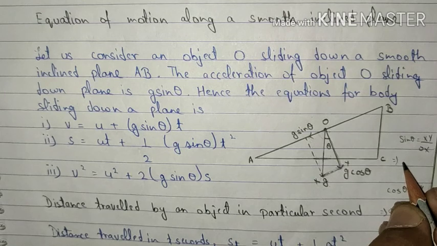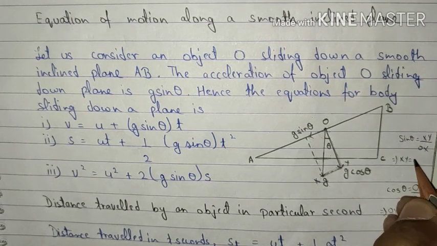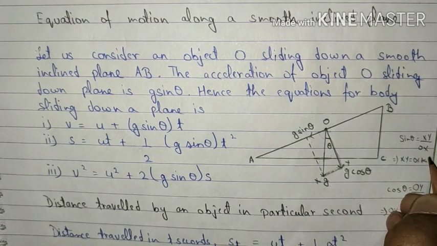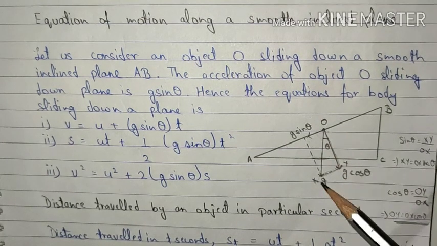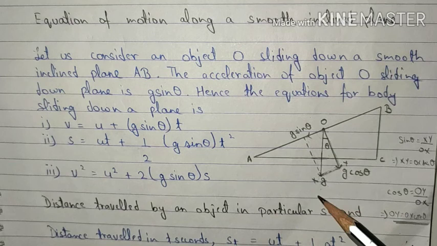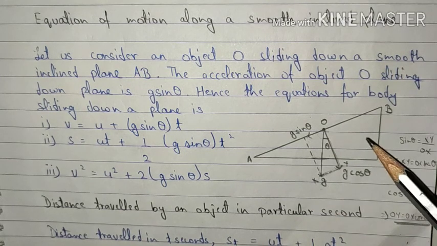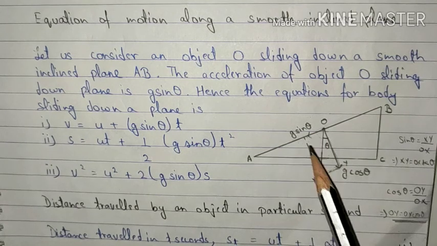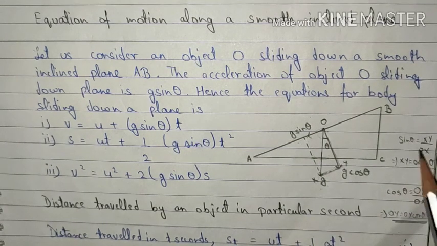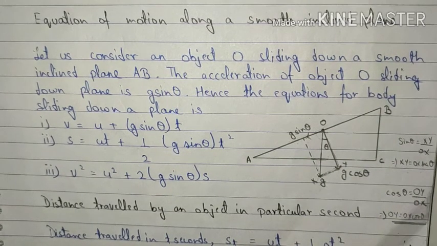Again, this can be written as XY is equal to OX sine theta. Since the acceleration along OX is small g, the acceleration along this direction will be g sine theta according to this equation.